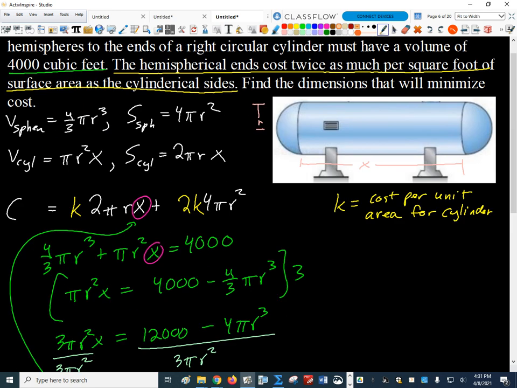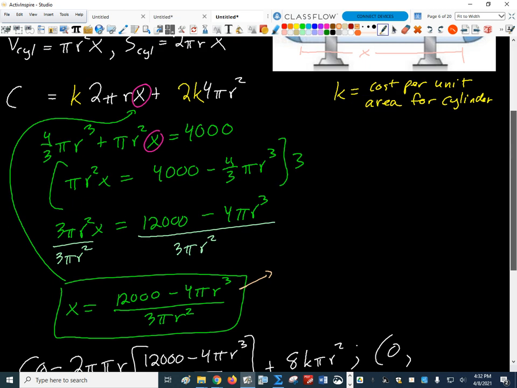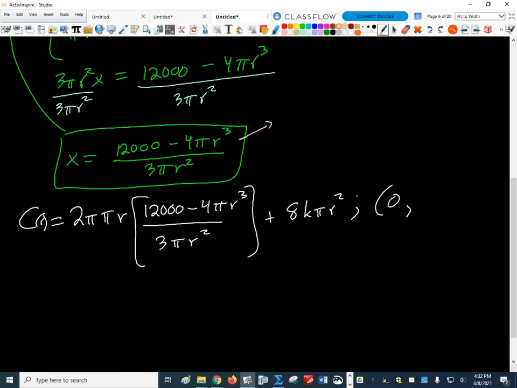And we can see that on our shape up here too. If x goes to 0, then this cylinder effectively disappears, and these two hemispherical ends just come together to form a big sphere. What would the radius of that sphere be? That's what we're finding.